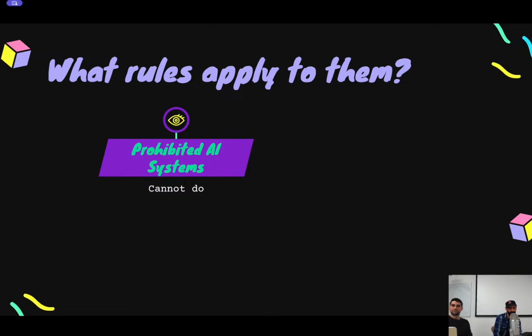So include any of the machine learning stuff that you're doing, for example. Within this paradigm, there are two big buckets that you really want to know about, and they have separate rules. The first is prohibited AI systems. There's a class of AI systems that you might be building that are just going to be prohibited going forward in the EU. We're going to talk about what these are. You just cannot do them. That's what you have to remember. Starting probably later this year, actually. This is one of the first things coming.